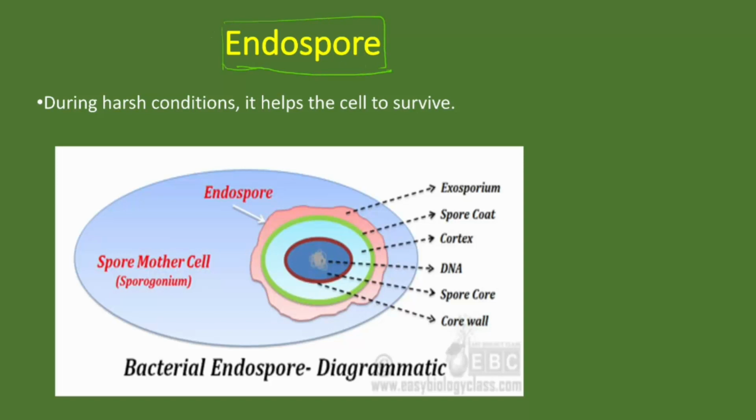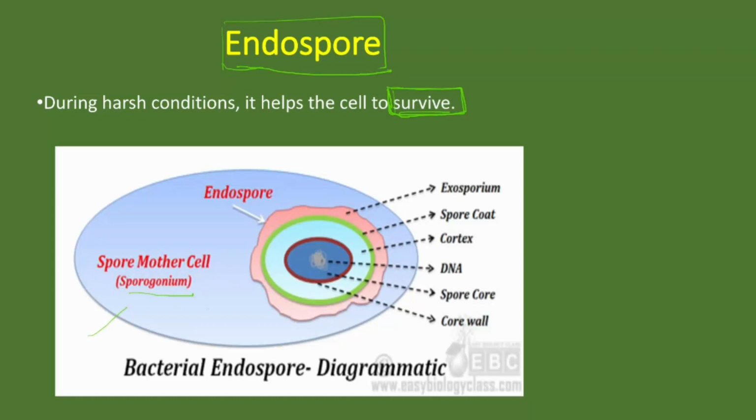Another point of the prokaryotic cell is the endospore formation. Endospore formation is a very important point about the prokaryotic cell, because during harsh conditions it helps the cell to survive. Many of the prokaryotic cells form endospores during tough conditions. In the figure you can see the mother cell, called the sporangium.